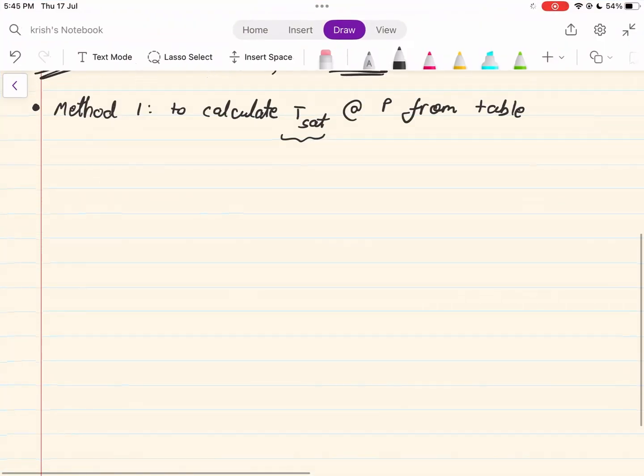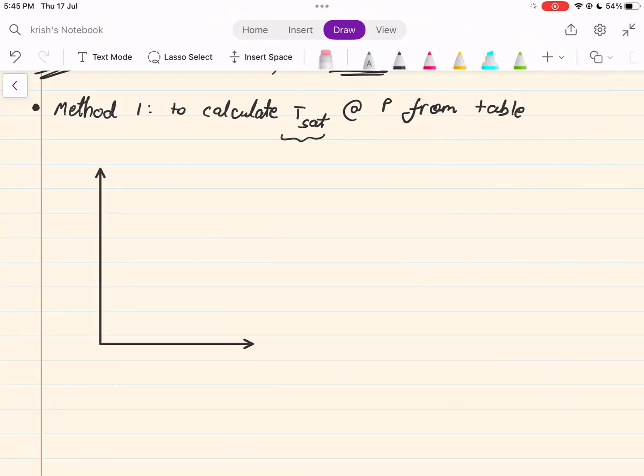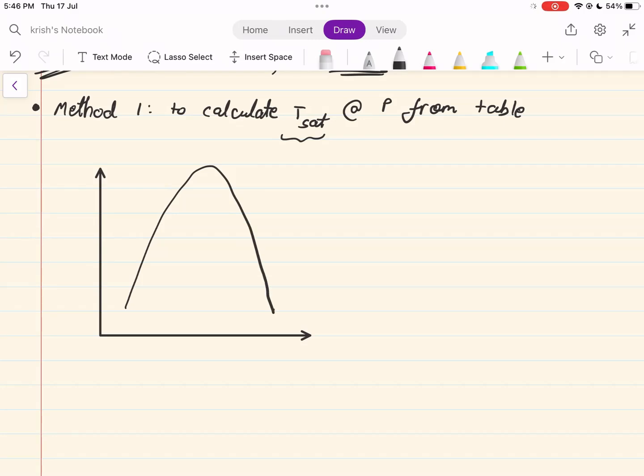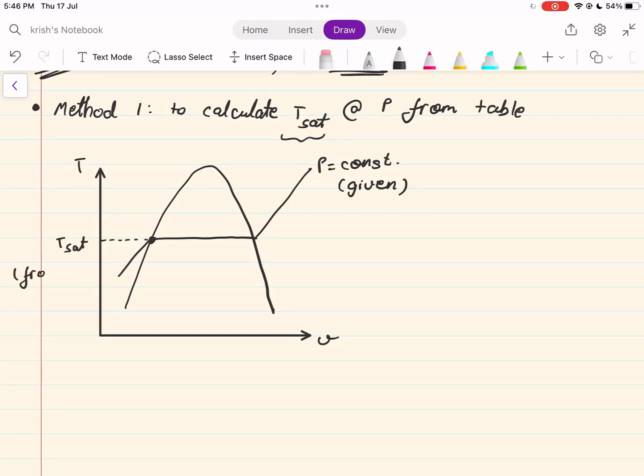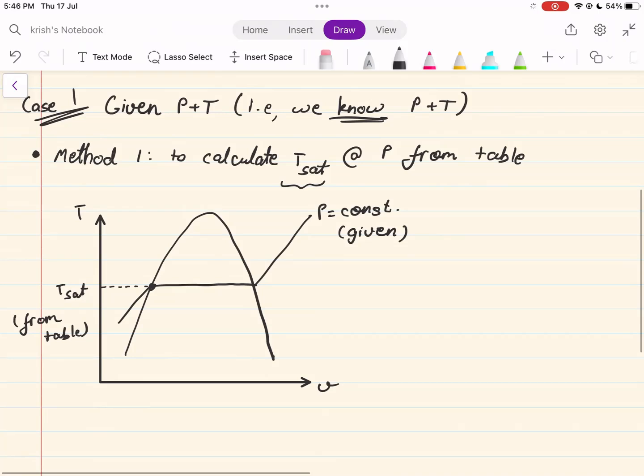Right. So once we have that, let us draw our table. This table will be drawn again and again, so it's very important that you know exactly what is going on in this table. So this is your P equals constant. Constant as in you know the pressure and we are using the pressure here, right? This is a TV diagram. We know the pressure. And at this pressure, we have found out the corresponding T sat from table, right?